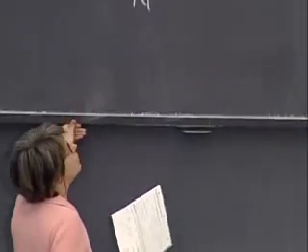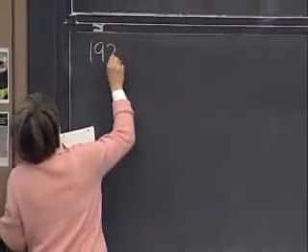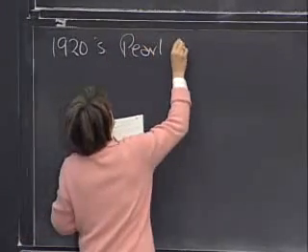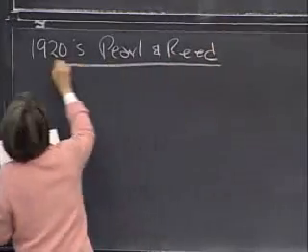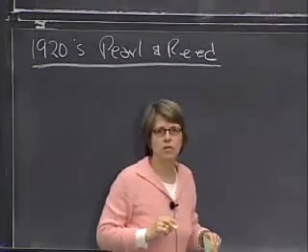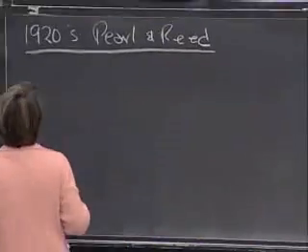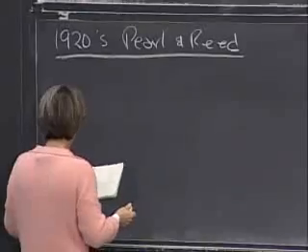So now we're going to take a historical look at this. Back in the 1920s, two fellows named Pearl and Reed wanted to model human population growth. And they looked at this exponential growth equation and they said, well, there's got to be something wrong with that. We can't just apply that to humans.